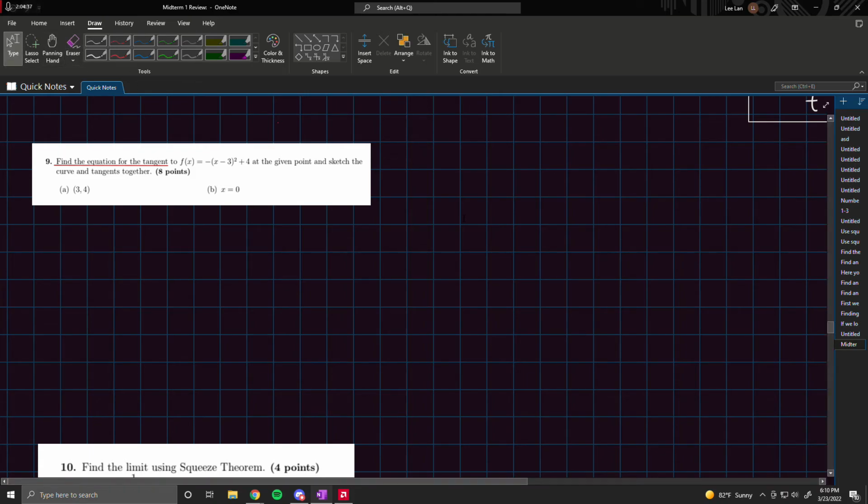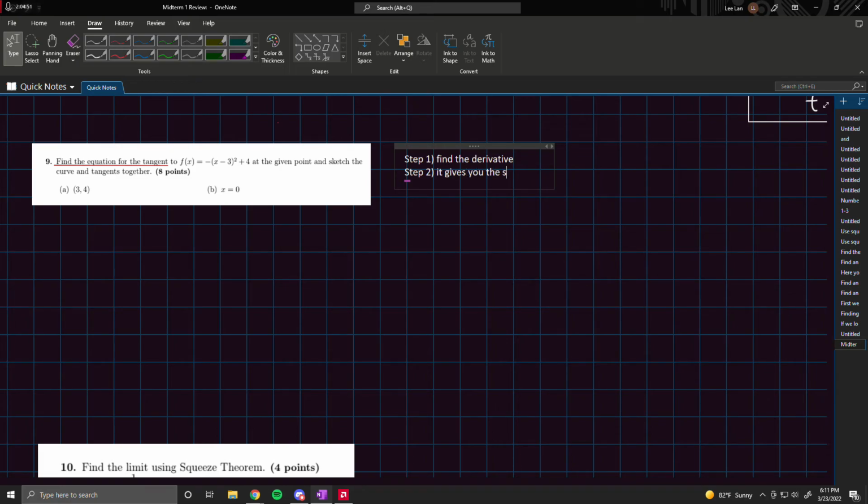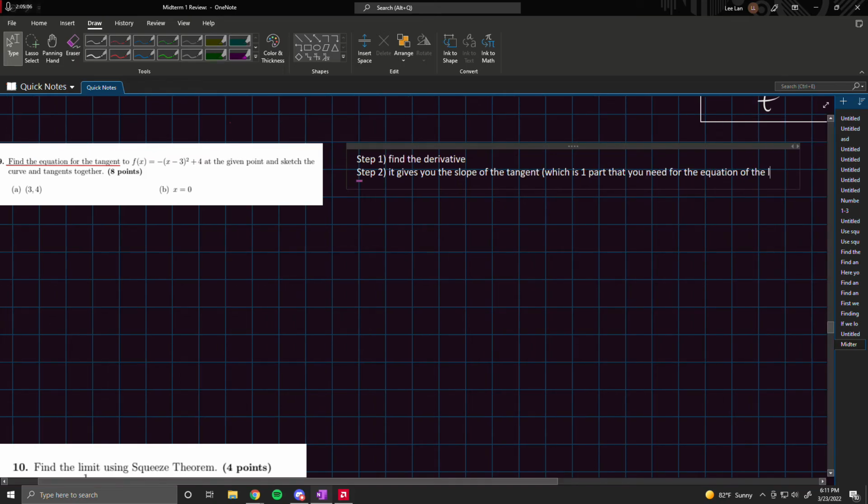When it says find the equation for the tangent, I guess you could say step 1 is to find the derivative. Why is that useful? Well, when you find the derivative, it gives you the slope of the tangent.